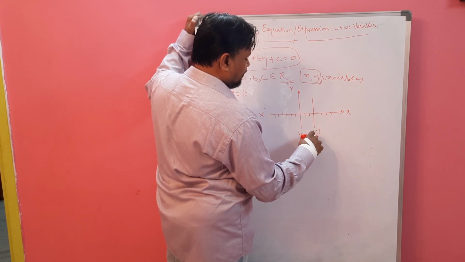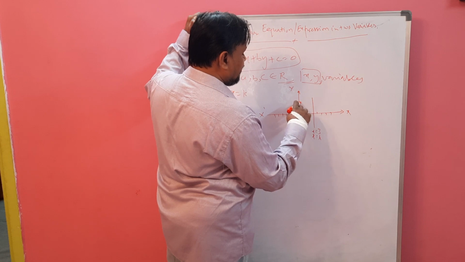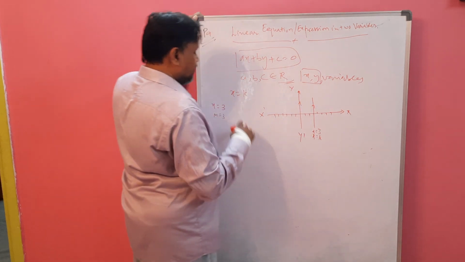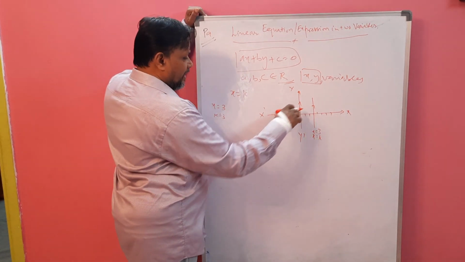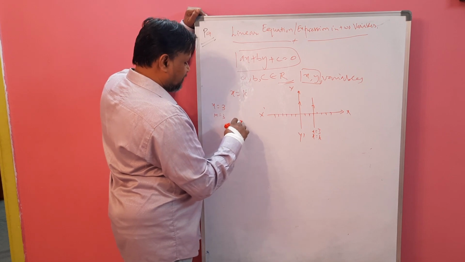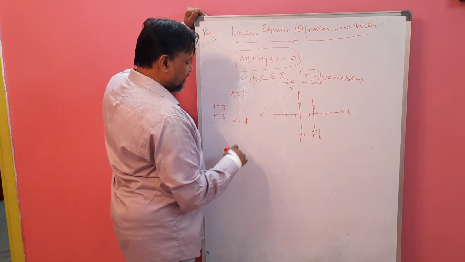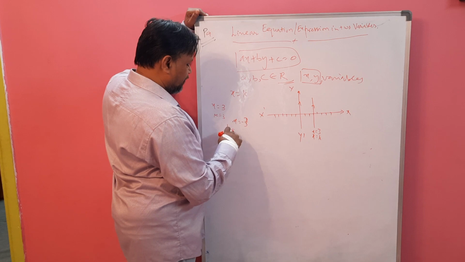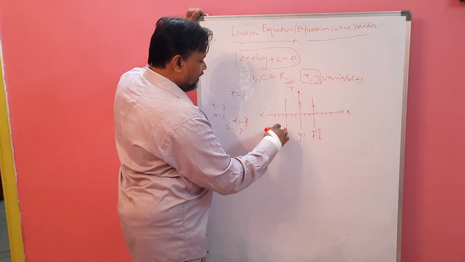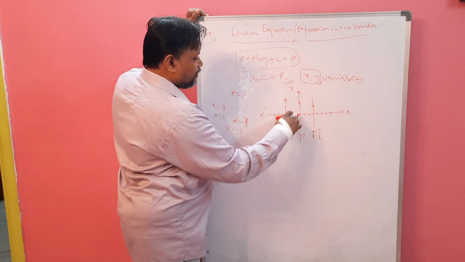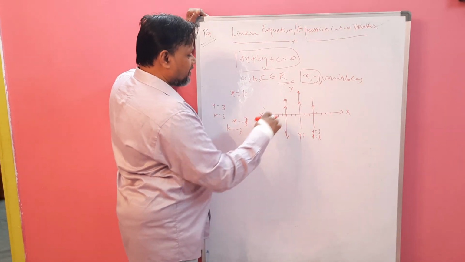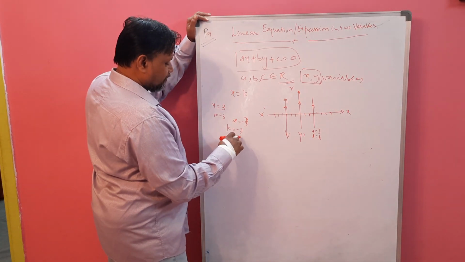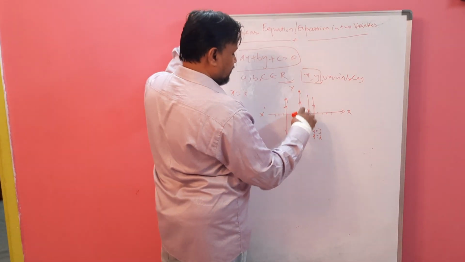That means x equal to k. Now this line is parallel to the y-axis. Suppose we take x equal to minus 3. Again the k value is k equal to minus 3. So the line goes like this. Again it is parallel to the y-axis. X equal to 2 goes like this.